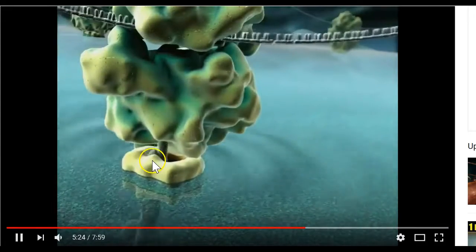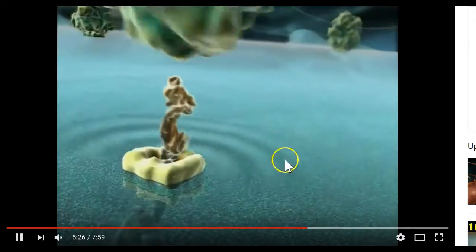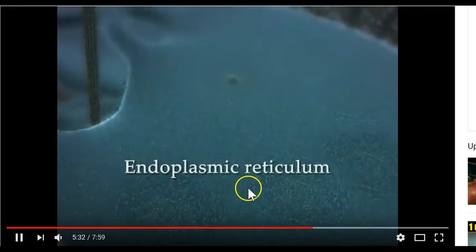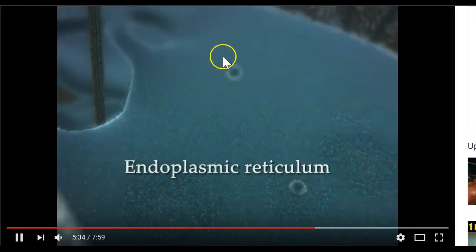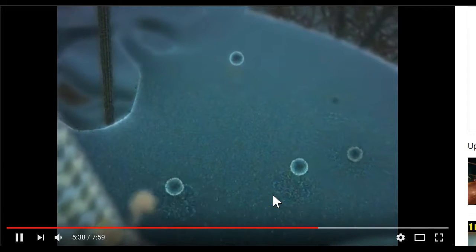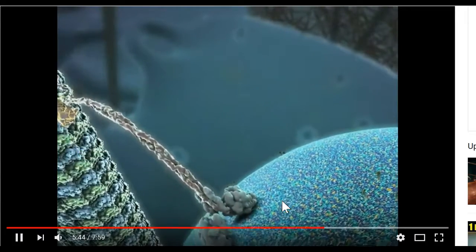Here's a closer look. And in the ER, these polypeptides will be chemically modified and transported. When modification is finished, vesicles will break off of the endoplasmic reticulum, the same types of vesicles that this motor protein is pulling along.